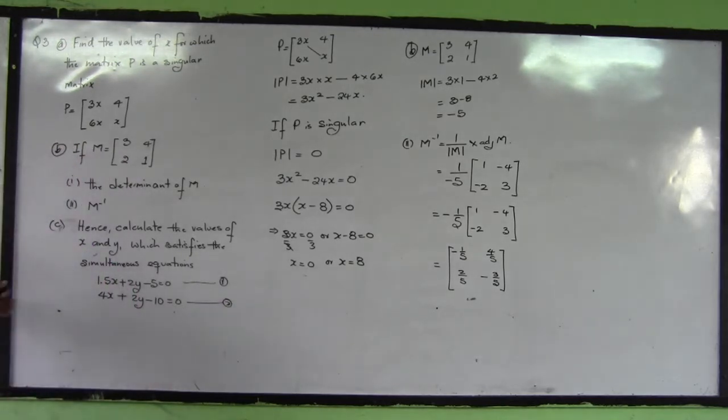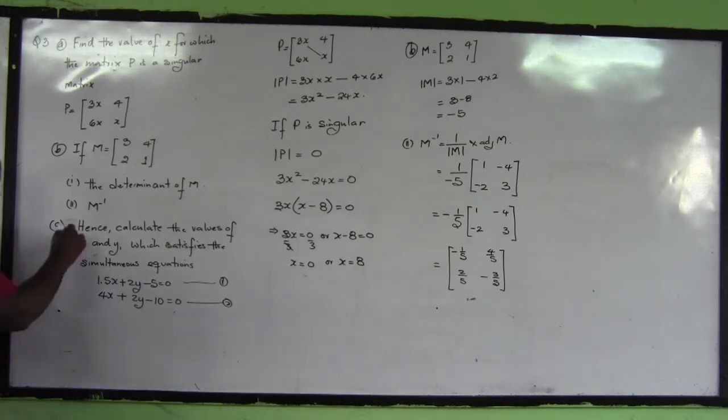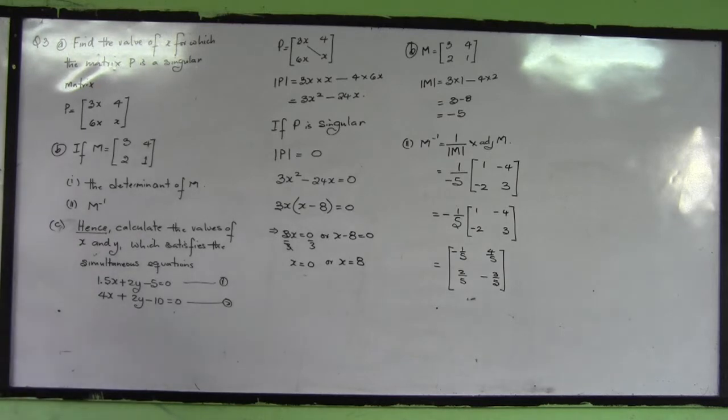What we want is the value of x that is going to satisfy this. But here's the issue. The issue is this word here, hence. Hence is saying that whatever I did before must be used in what I'm going to do next. What did I just do?